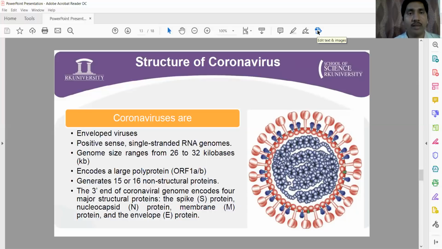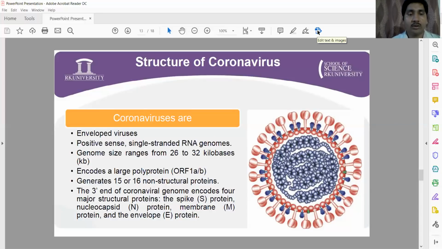In viruses, the genomic material can be positive sense RNA, as in coronaviruses. It can also be negative sense RNA, where the RNA itself is not ready to be translated, but before that, it must be converted into positive sense RNA. So this is the difference between negative sense RNA and positive sense RNA.